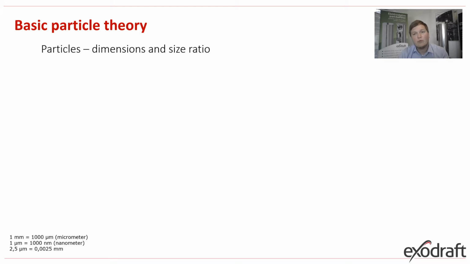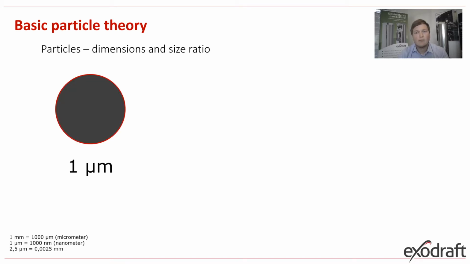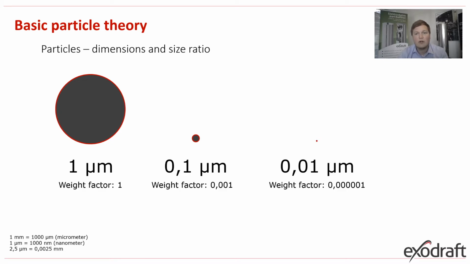And now we want to have a bit of a perspective from the sizing criteria of particles. So a round particle sized 1 micrometer weighs approximately 1,000 times more than a particle of the size 0.1 micrometer, or 100 nanometers. And a 25 nanometer particle, which is in the dangerous area health-wise, weighs around 1,000 times less than a 250 nanometer particle.